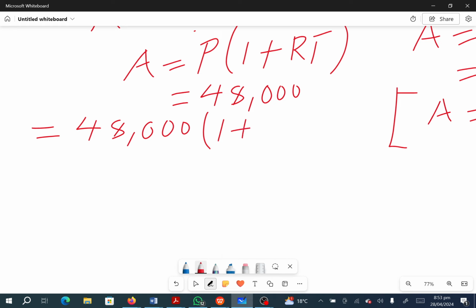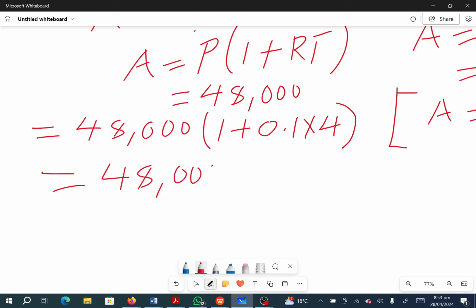Then multiplied by 1 plus our rate, which we have been given as 10%, which is 0.1, then multiplied by our time in years, which was given as 4 years. So let's compute this. You can get your calculator, then compute what is in the brackets: open bracket 1 plus 0.1 times 4, then close bracket.